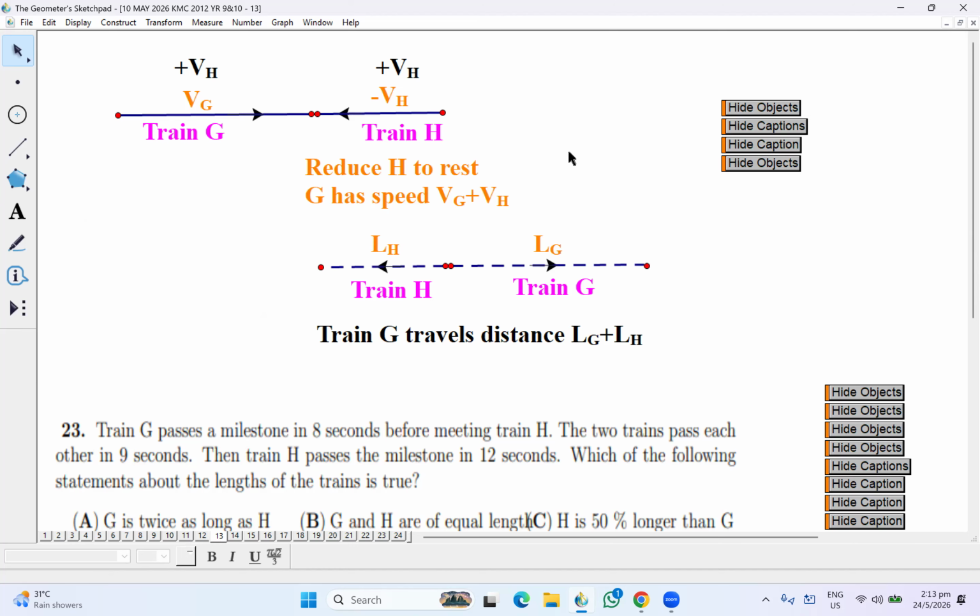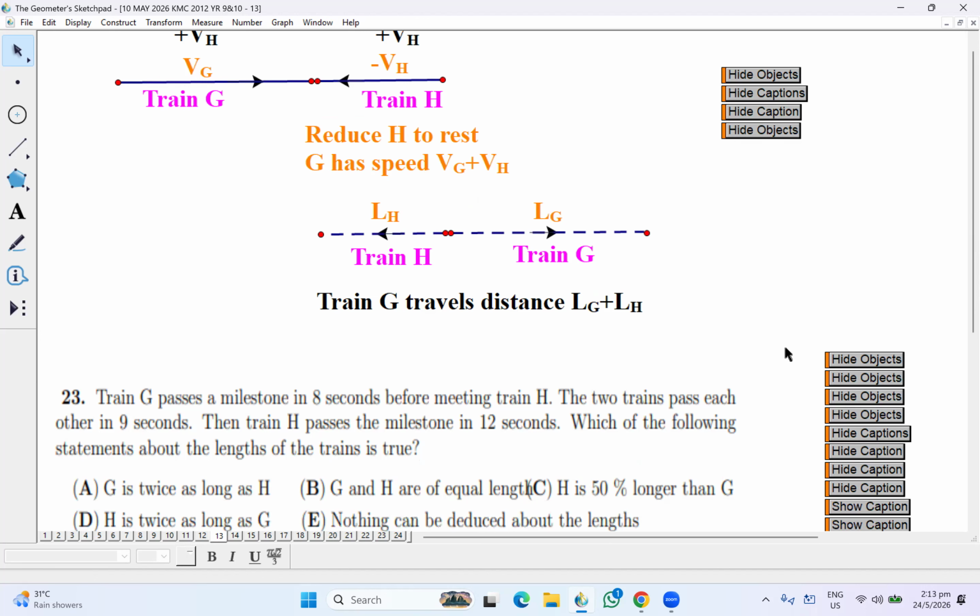But if your friend is standing on the roadside, you will see your car moving and your speed is not 0. So it depends on relative to who. Here, relative to H, we make H 0. Relative to your father, you make your father 0, then you're not moving. So that's why you add the speed.